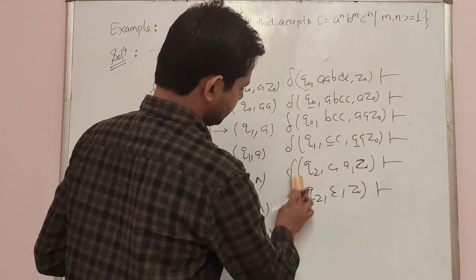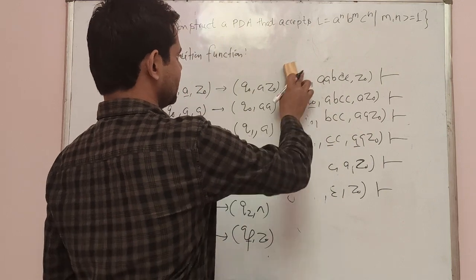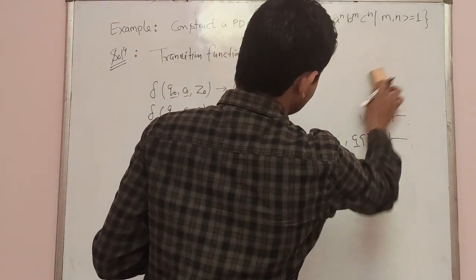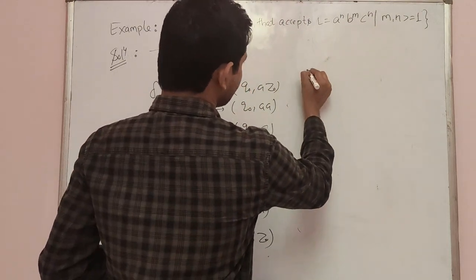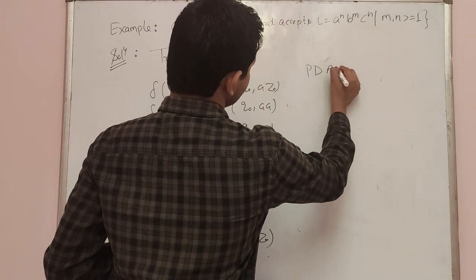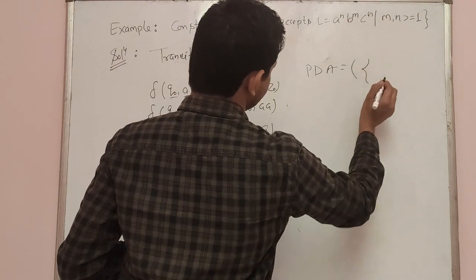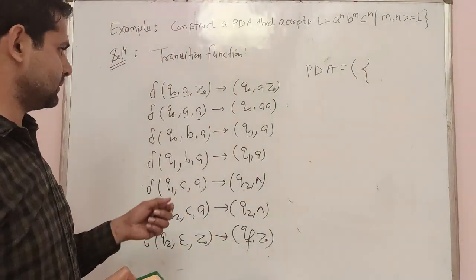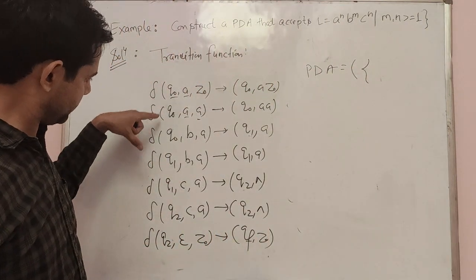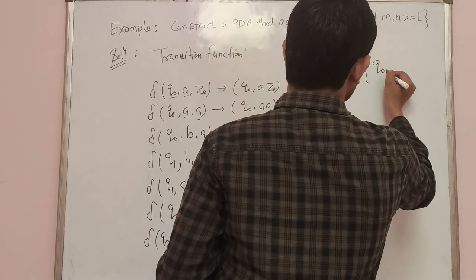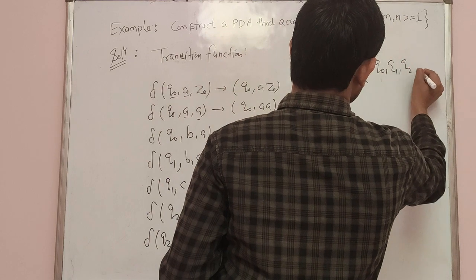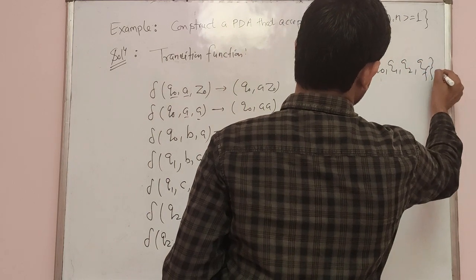Now we can write the complete pushdown automata, which consists of 7 tuples, right? So PDA equals, first we write the set of states. We considered Q0, Q1, Q2 and Qf.